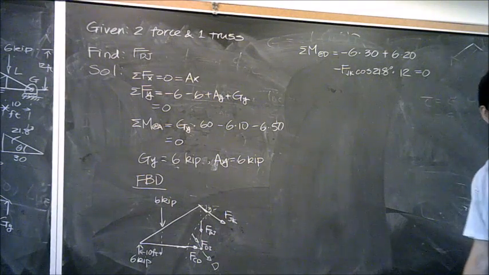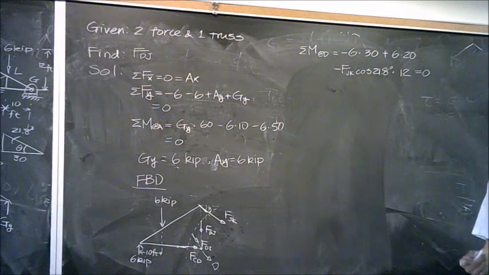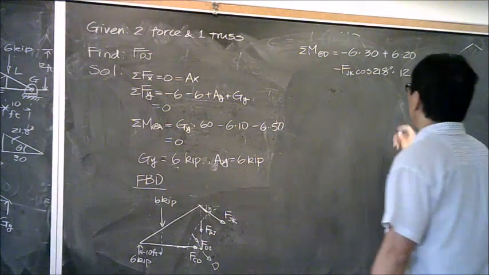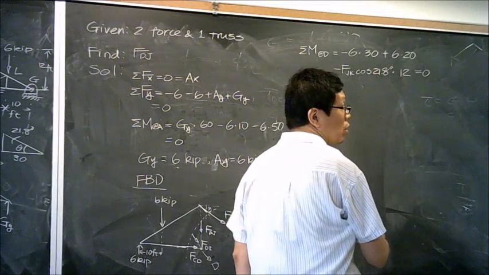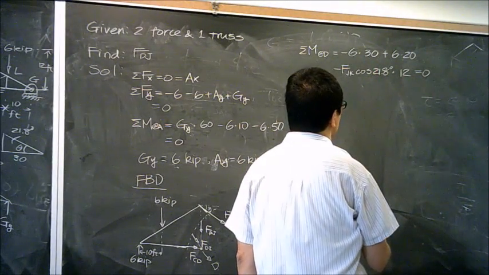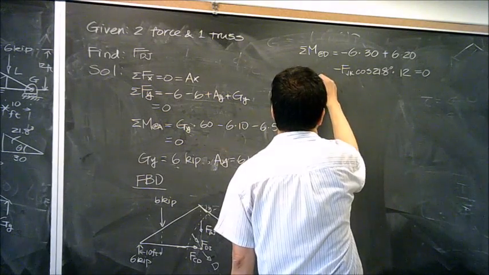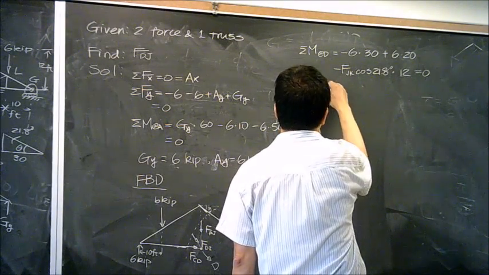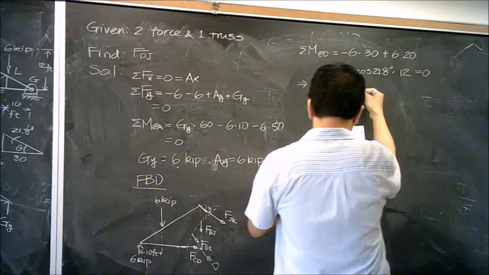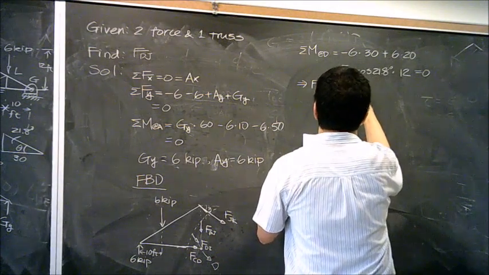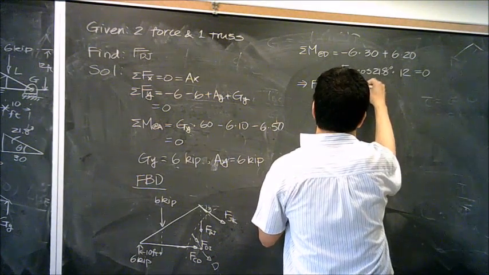How many unknowns do we have in this equation? Just one. So it's pretty straightforward. You just move this to the other side and use the other two terms and calculate for the unknown value FJK. So if you do that, you're going to find FJK actually equals negative 5.79.